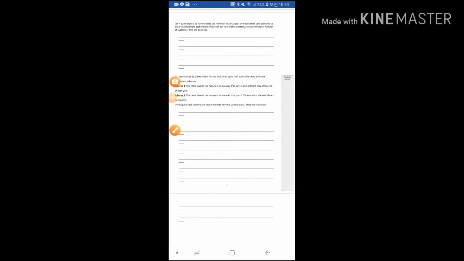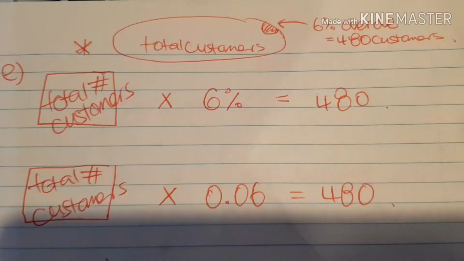Alright, next one, question 1E. This question is saying that 6% of the customers are overdue at the moment, overdue on their credit card account, and they're saying that 6% is 480 customers. So you have to go backwards to find the total number of customers. Let's have a look how we can do this.